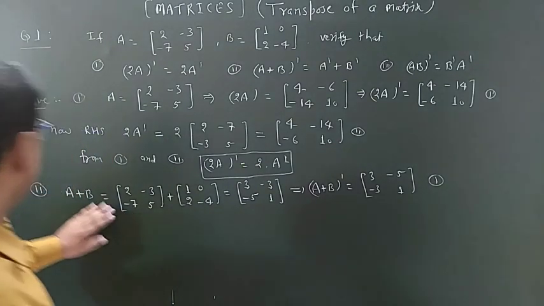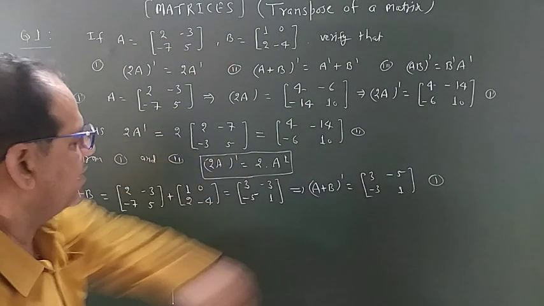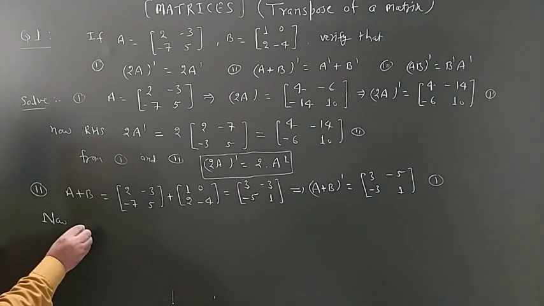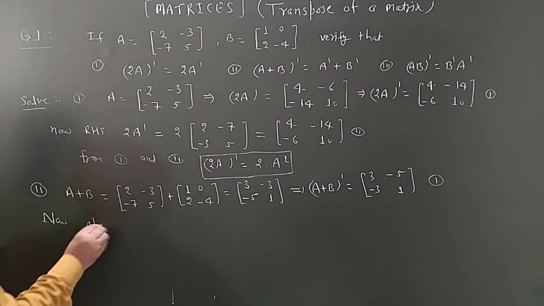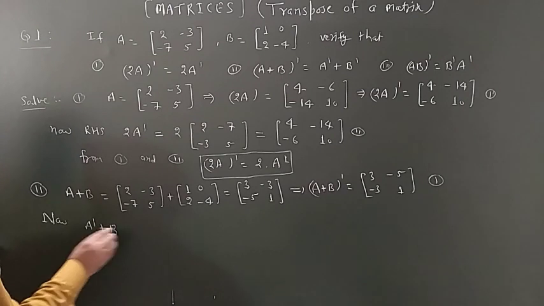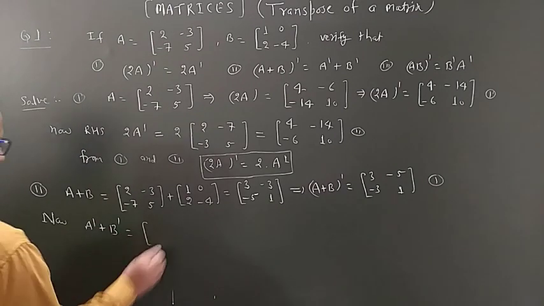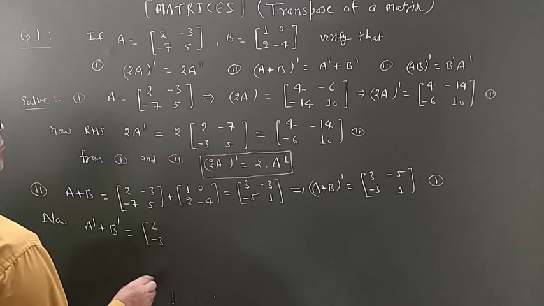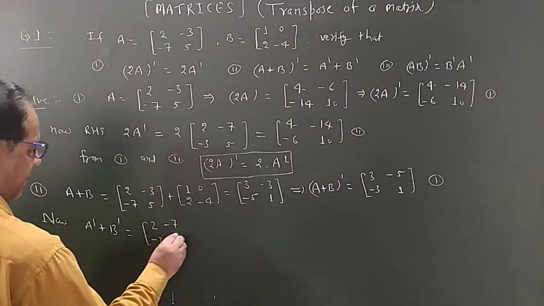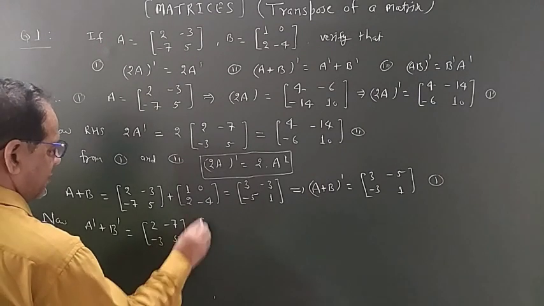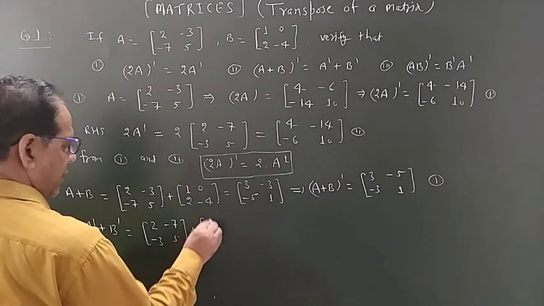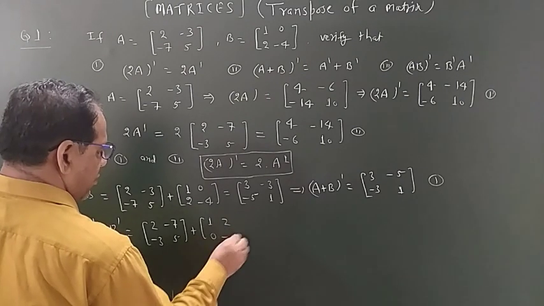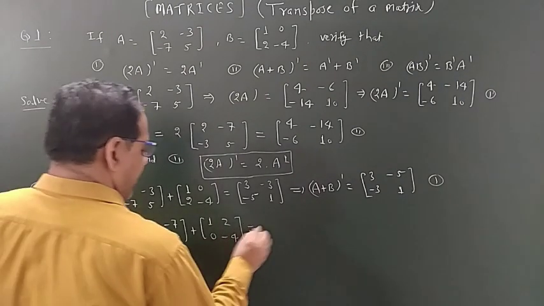So first we found the left hand side, (A plus B) transpose. Now A dash plus B dash. So what is A dash? 2 -7 -3 5, plus B dash, 1 2 0 -4. We interchange the row and column of the given matrix.